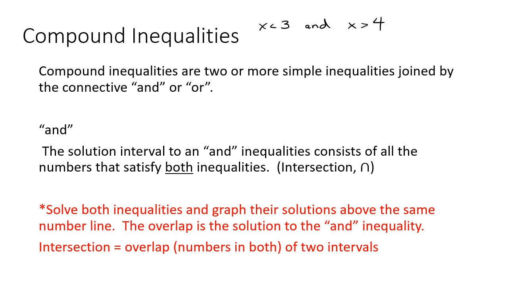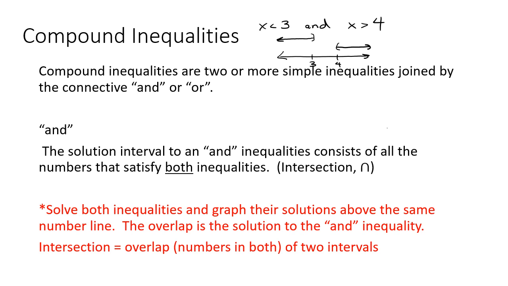So in order to find that, one approach that we can take, because it's not always going to be as simple as just looking at it, is that you can actually solve both linear inequalities separately and then graph their solutions above the number line. So if I had x is less than 3, that would be all the numbers smaller than 3. If I had x is greater than 4, that would be all the numbers greater than 4.